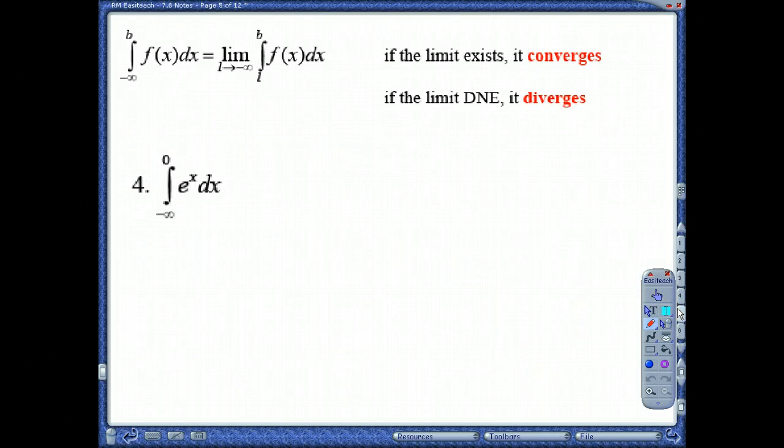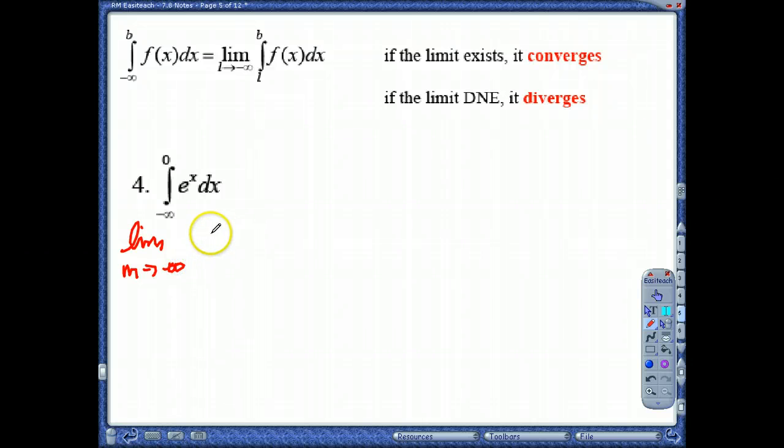So now let's try a couple of examples where we have infinity on the bottom. We're not going to do a lot of these examples, so I'm going to leave a couple for you to do, or at least one for you to do, because it's the same exact concept. You're going to rewrite this as the limit as whatever. You can still use m.